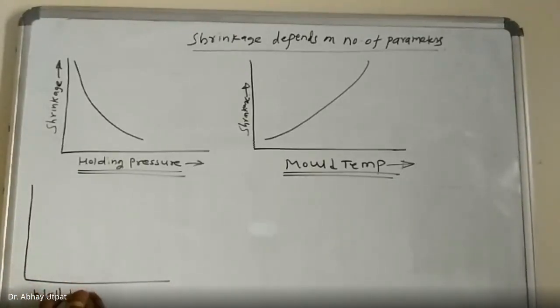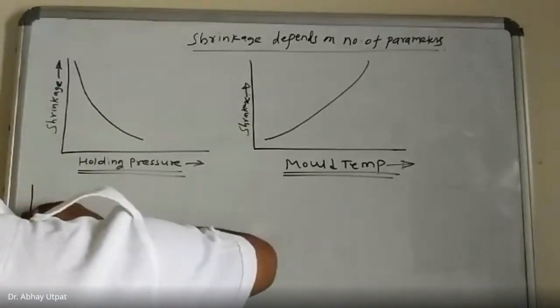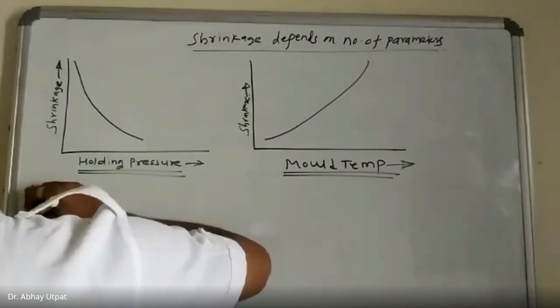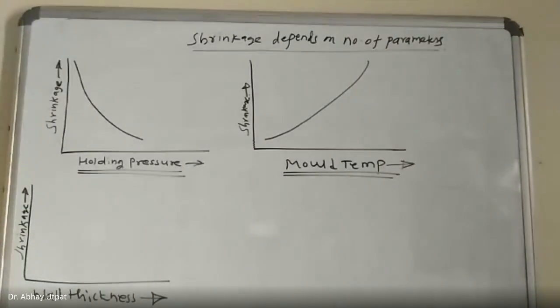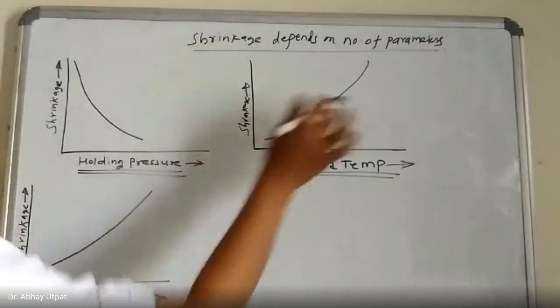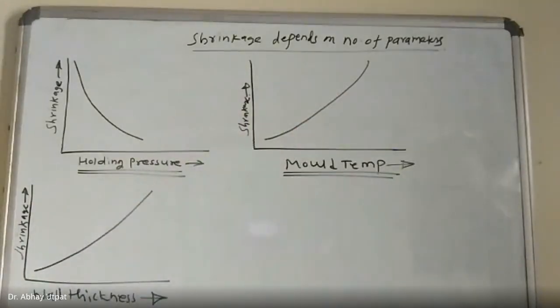Third, as wall thickness increases, shrinkage increases. The graph is similar to mold temperature.